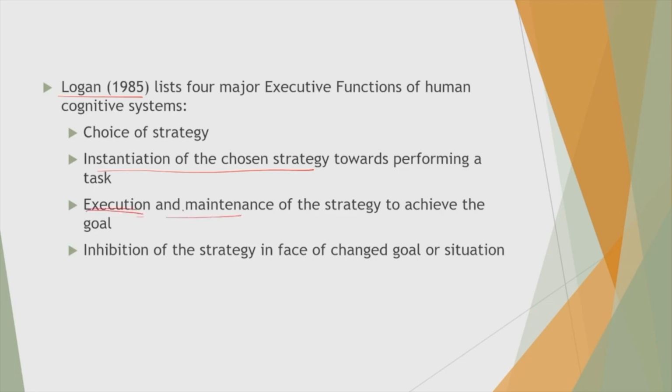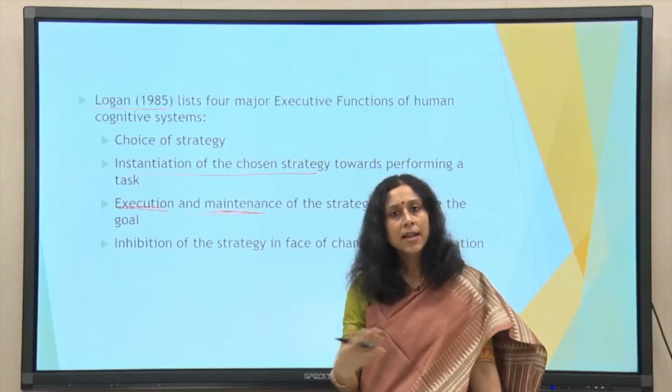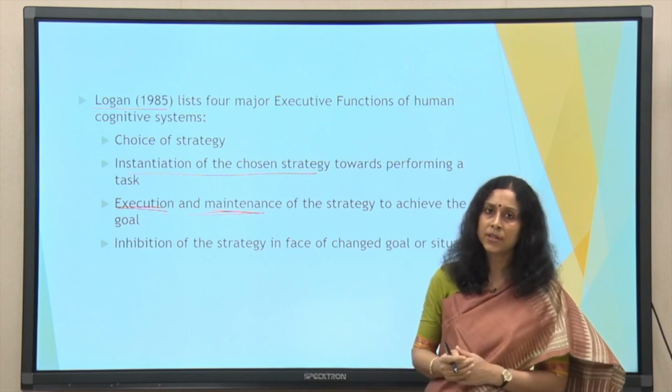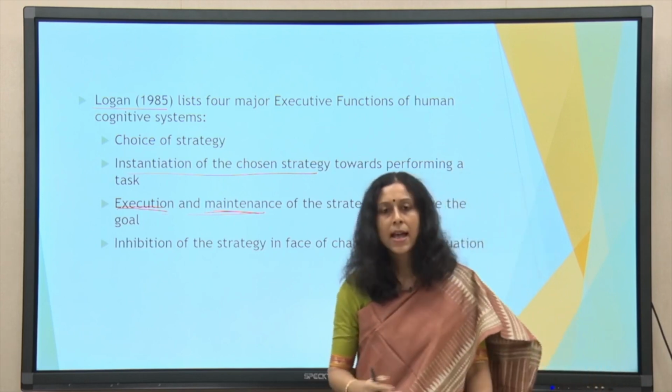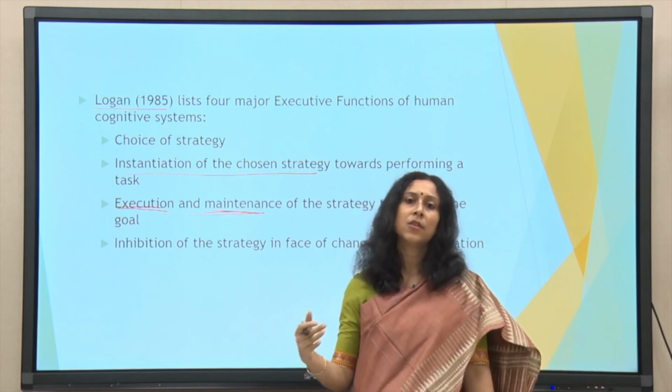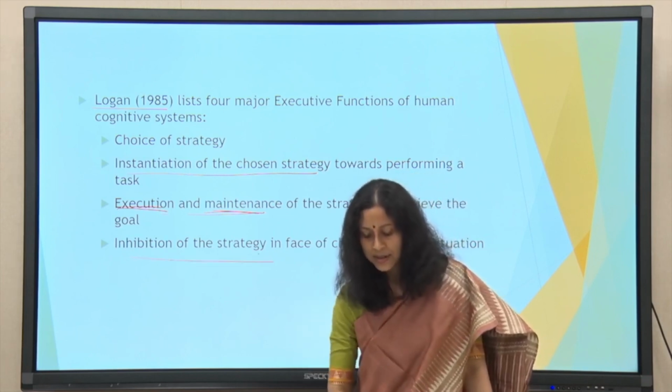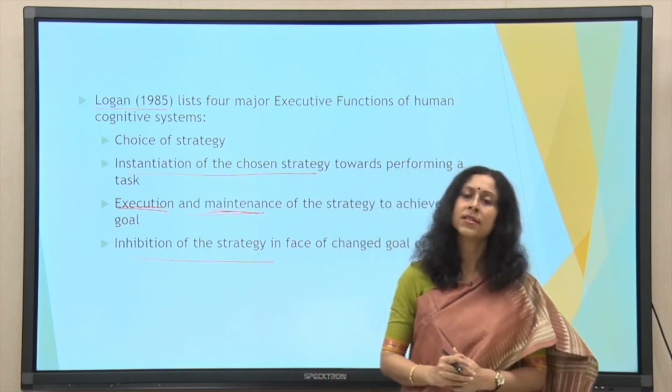Both are important, execution as well as maintenance. So, you choose your strategy, then start utilizing it, execute your particular job that you have to do, and as long as this is required, you have to maintain that strategy, and then inhibition of the strategy in face of a changed goal or scenario.